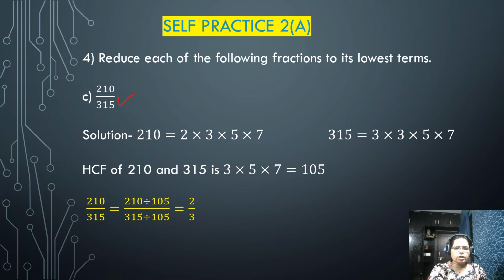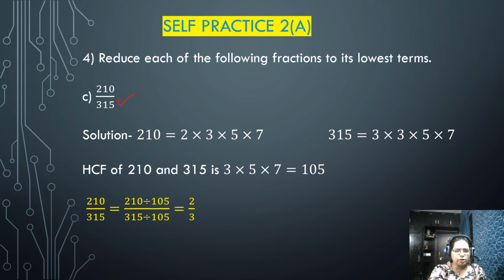We know when we reduce a fraction to its lowest form, first we have to find the highest common factor and divide the numerator and denominator of that fraction by it. The fraction that we get after dividing is the lowest form of that fraction.